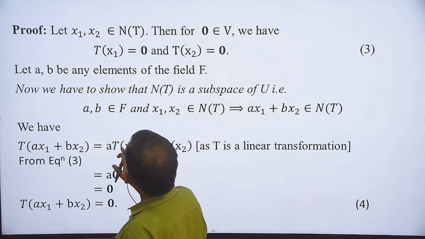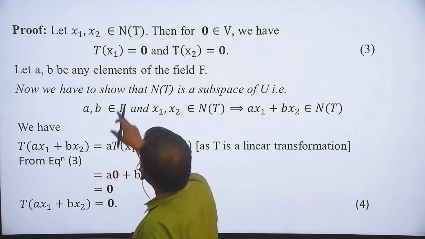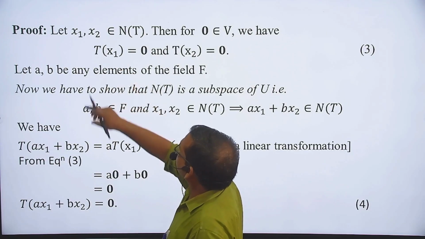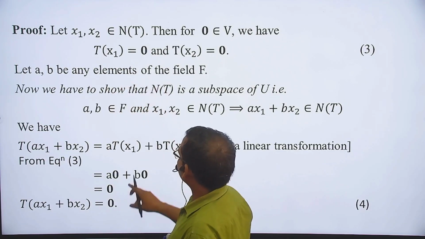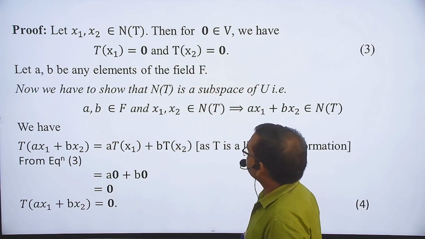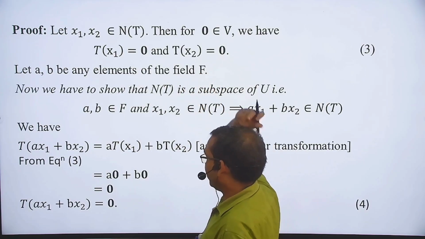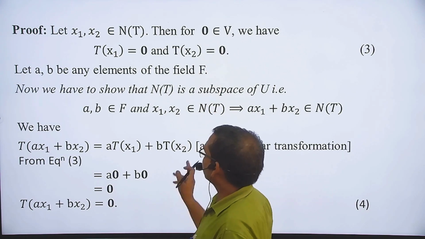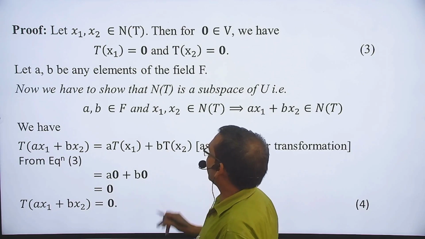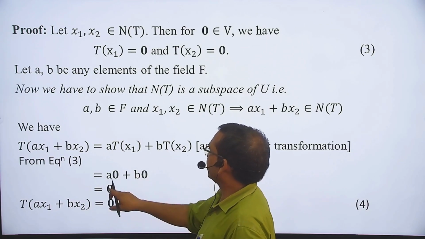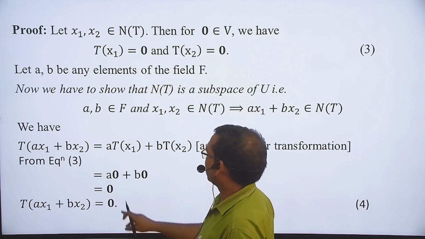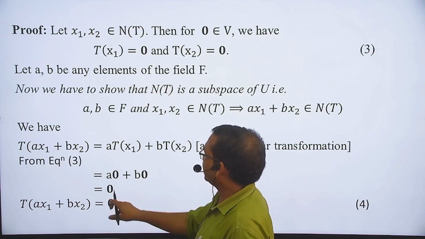And T(x1) is equal to 0 because x1 is an element of the null space, and also T(x2) is equal to 0 because x2 is an element of the null space. So putting these values of T(x1) and T(x2) here, we get a into 0 plus b into 0 vector, and finally we get the 0 vector.